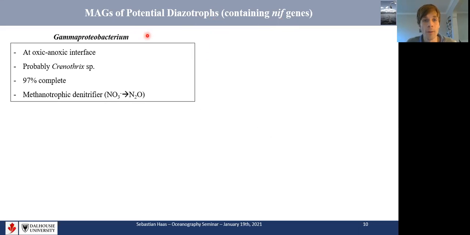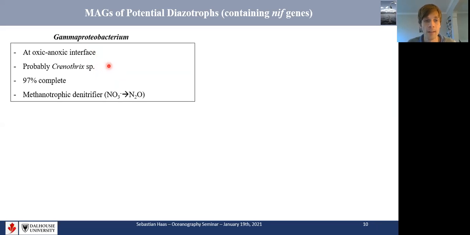And one of those diazotroph MAGs was affiliated with the gamma proteobacteria. It was highly abundant at the oxic-anoxic interface. It was probably a Crenothrix-like gamma proteobacterium. Crenothrix are highly abundant methanotrophs at oxic-anoxic interfaces in stratified lakes. And we also found 16S rRNA gene sequences highly abundant at the oxic-anoxic interface.